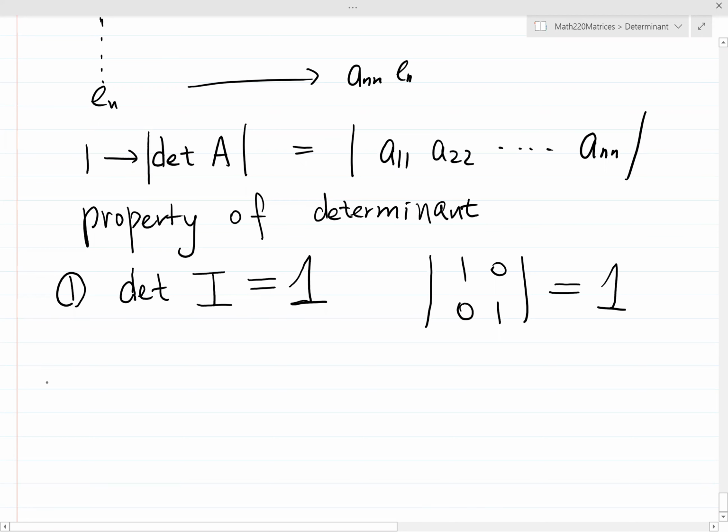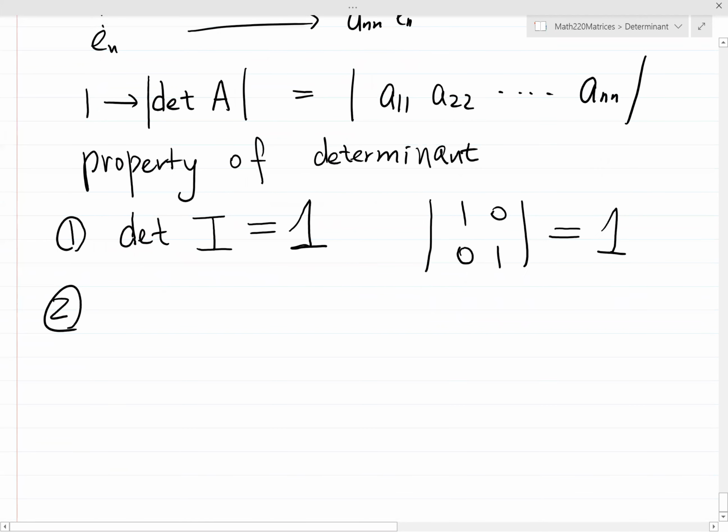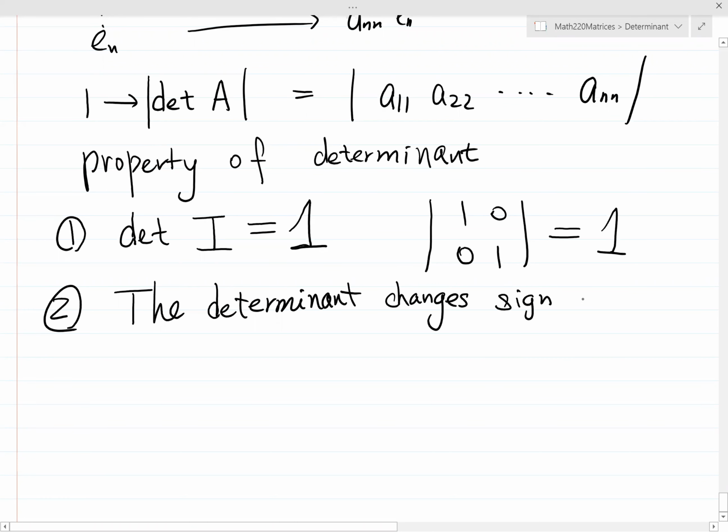Okay, the second property: the determinant changes sign when two rows are exchanged. The determinant of a matrix changes sign if you exchange two rows.